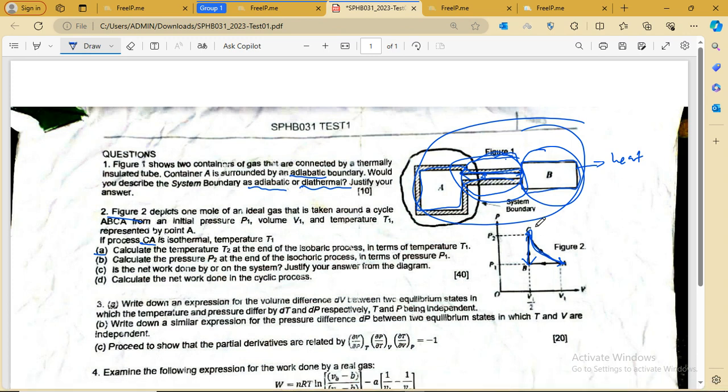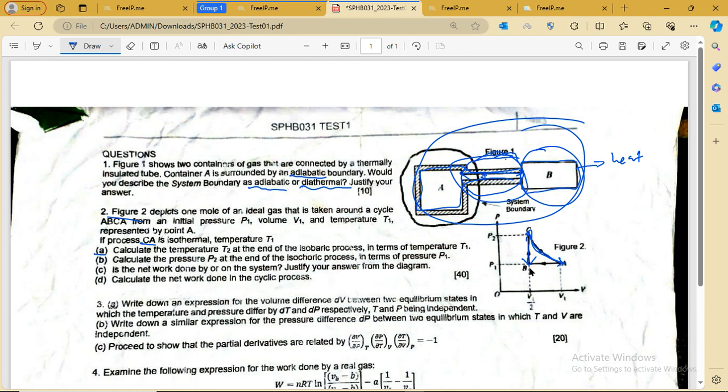T is remaining the same there. But the important thing that we need here is that we can calculate the work done before and after.